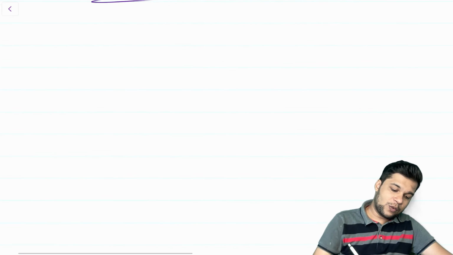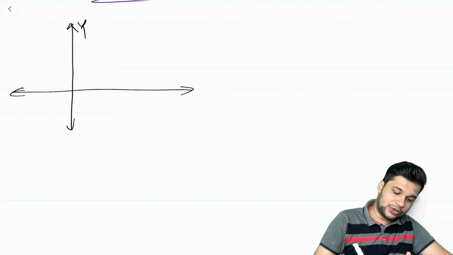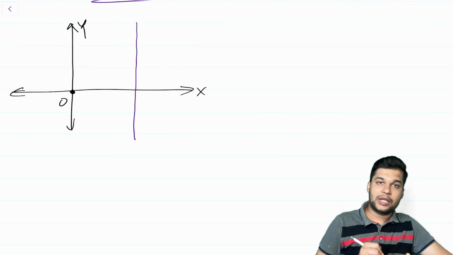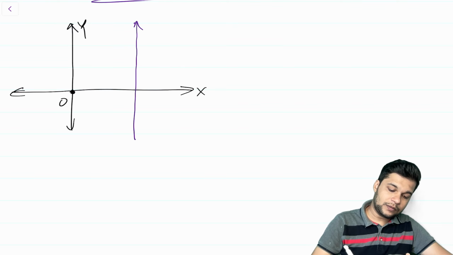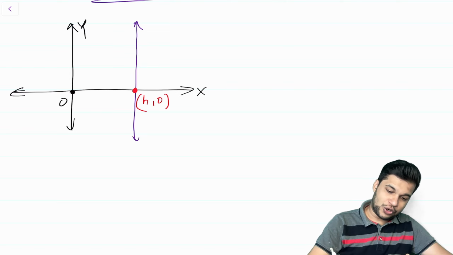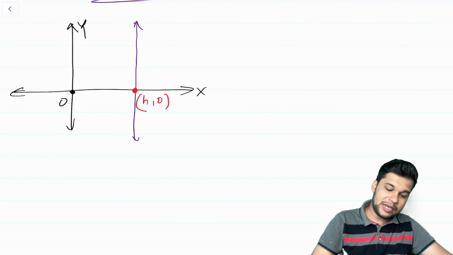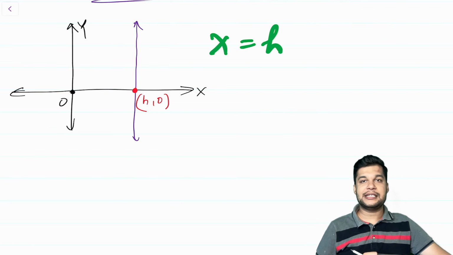Now we'll look at the equation of any vertical line in general. So let's say this is your y, this is your x, this is your origin. Let's say this is the line, which passes through the point h comma 0. The shortcut is that the equation of any line parallel to the y-axis will be x equal to h.